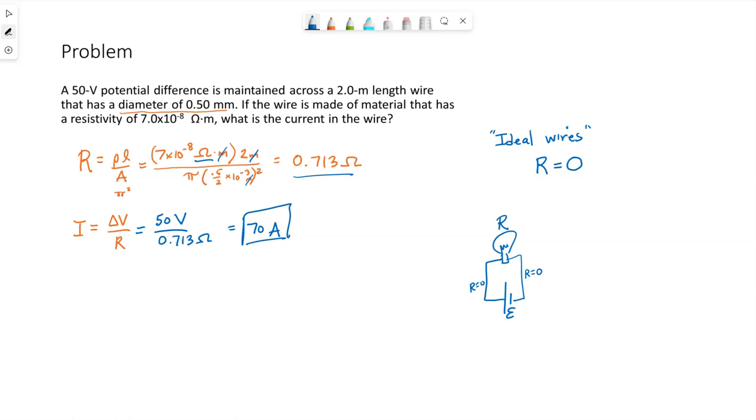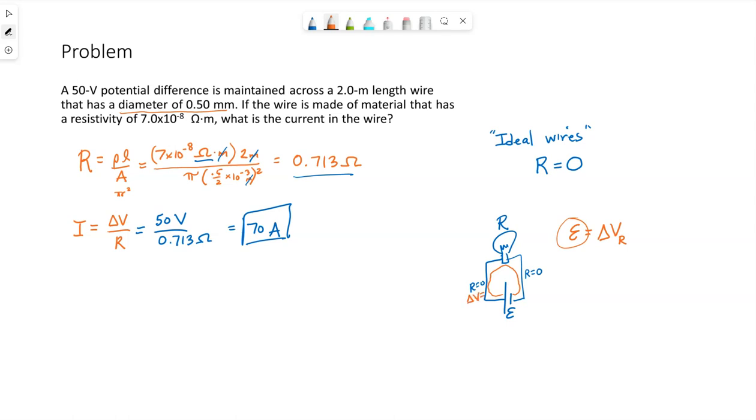Which may or may not be a bad assumption. It depends upon how big your resistor values are in your circuit. But this is just to simplify things for us. If we follow that path like we did with the capacitor, around from one side of the battery to the next, if the light bulb is the only thing that we're accounting as having resistance, then the light bulb is going to end up with the entire battery voltage across it.